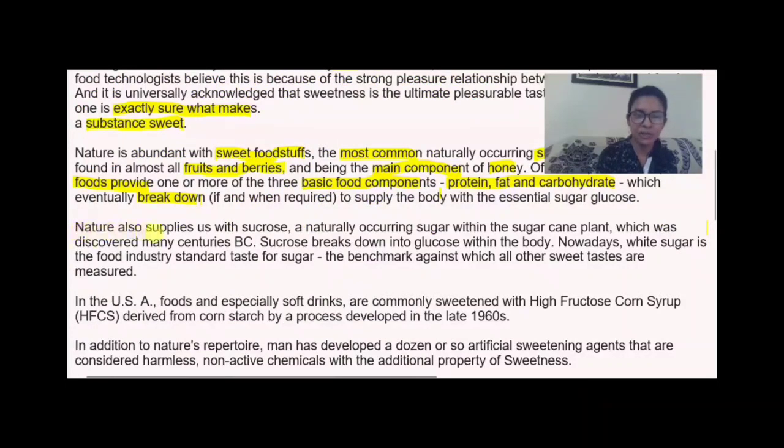Nature also supplies us fructose. One more thing here in MCQs, we can also use the scanning technique. With the help of scanning, we can easily find the keywords and then mark the answers after reading the surrounding lines. In this paragraph, no keyword is present here, so jump to the next.